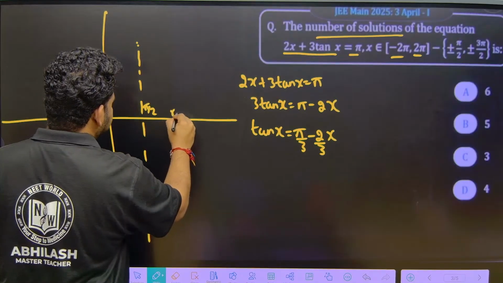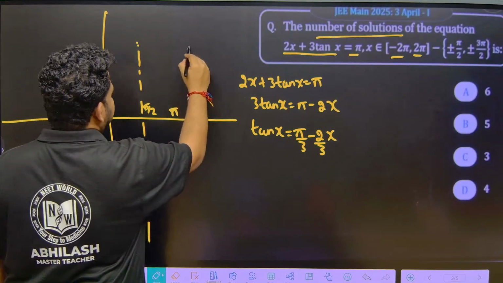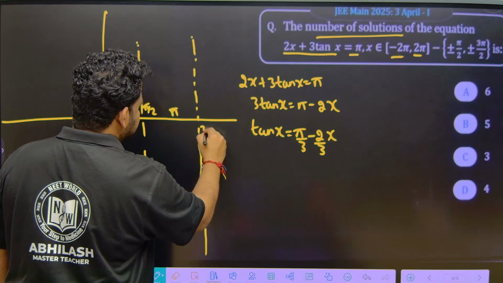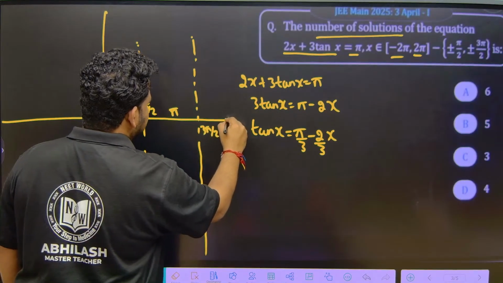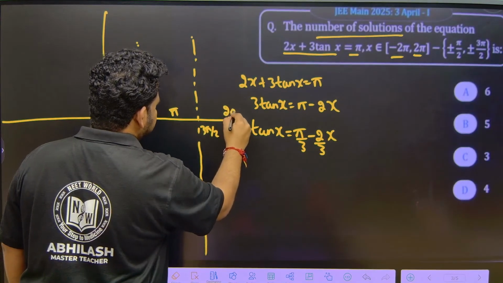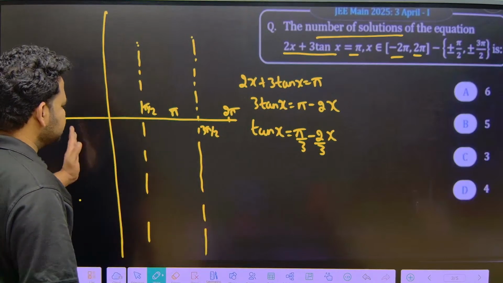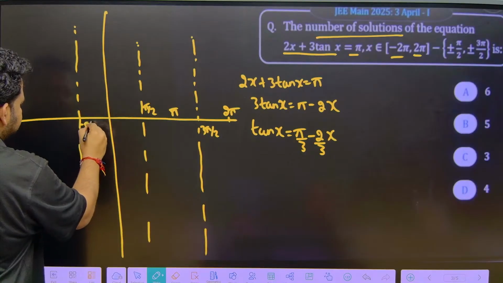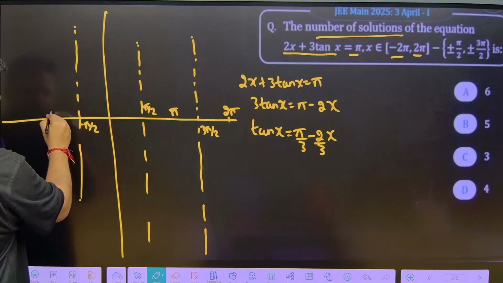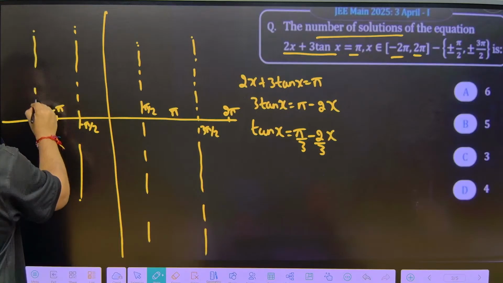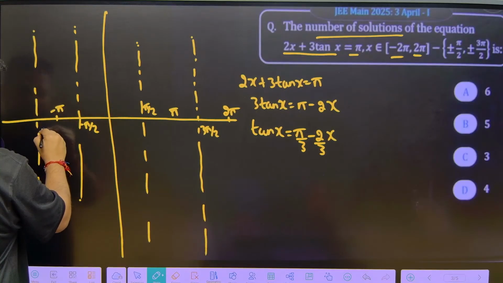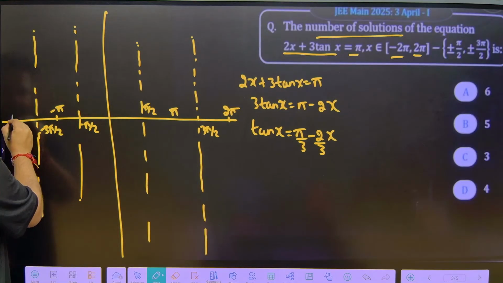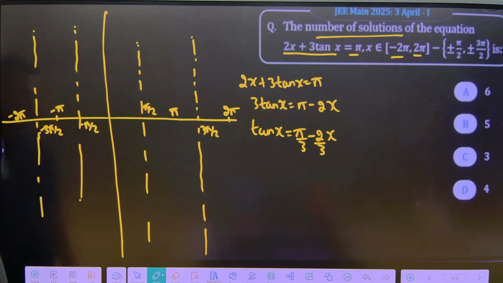Okay, this will be pi, this will be 3 pi by 2, and this will be 2 pi. Here also, this will be minus pi by 2, this will be minus pi, this will be minus 3 pi by 2, and this will be minus 2 pi.